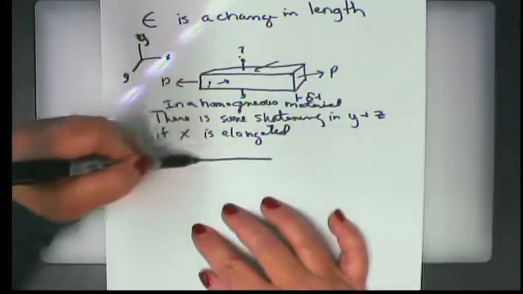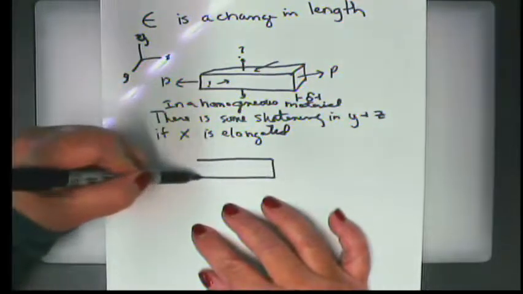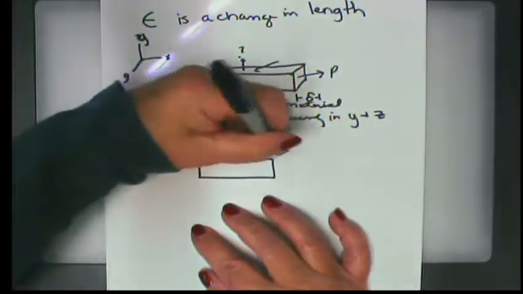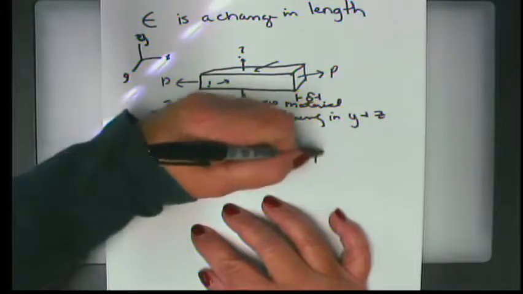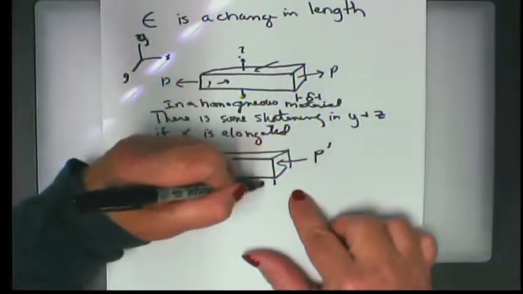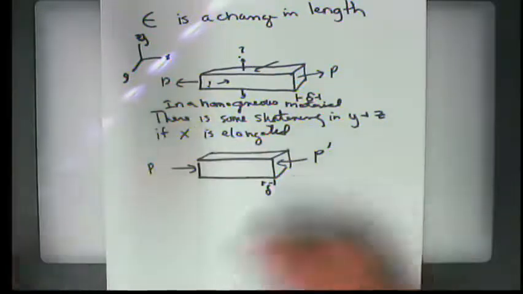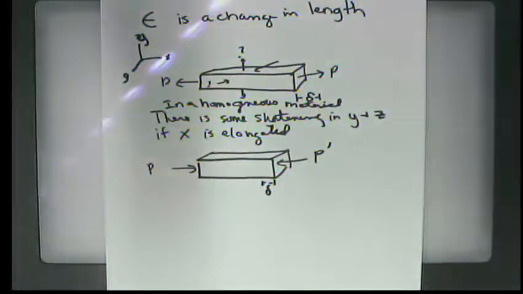And similarly, if we scrunch it up in the x-axis, if we put it into compression and it gets a little bit shorter, then what do you think will happen on the y and the z axes? If it gets shorter on the x, it'll get a little bigger in the y and the z, won't it?